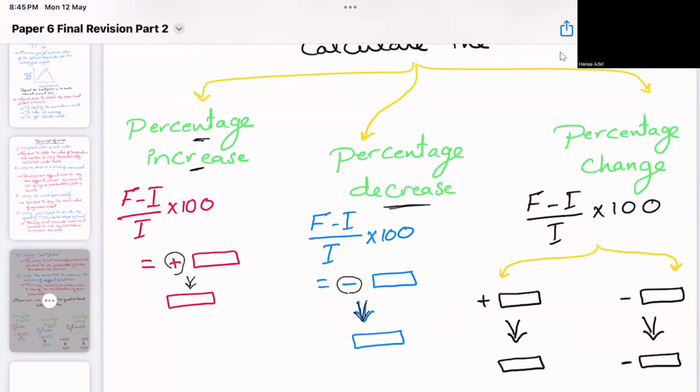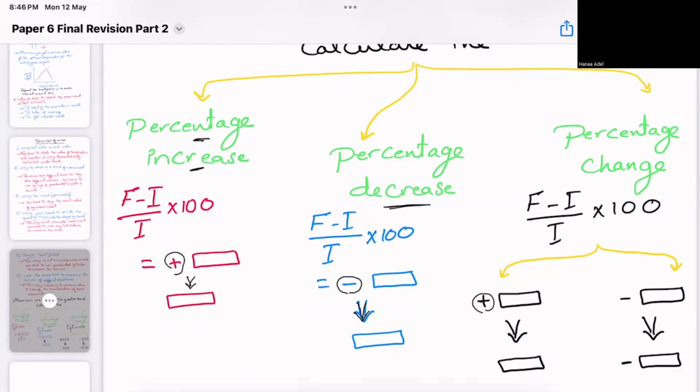What about the third way? When we ask about the percentage change, it is final minus initial, divided by initial, multiplied by 100. So in front of us are two possibilities, maybe positive and maybe negative. If it is positive, we can write it without the positive sign. What if it is negative?